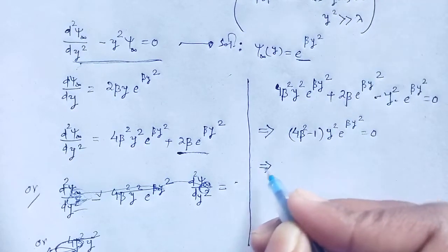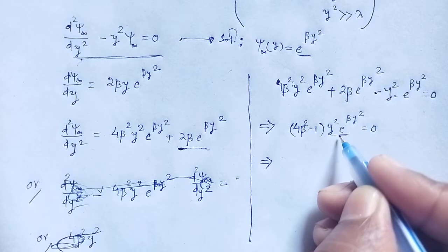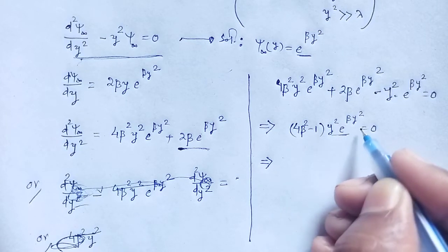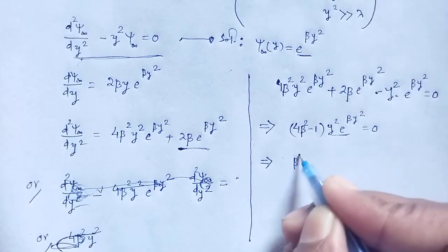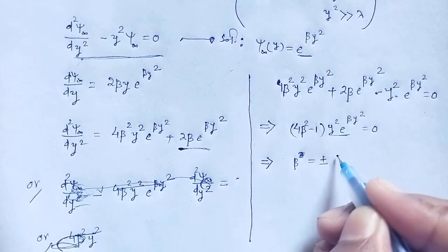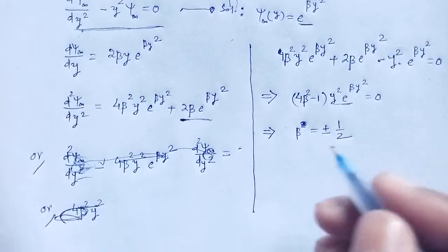Treat the other term as 0. Therefore 4 beta square equals 1, so beta square is 1 by 4, and beta is equal to plus minus half.